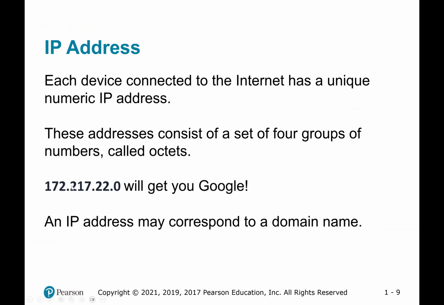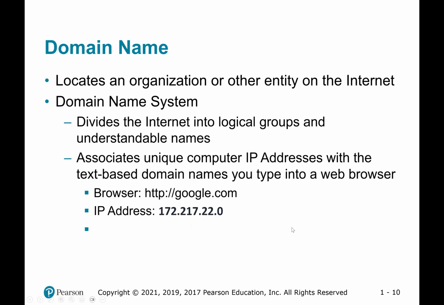For example, 172.217.22.0 is an IP address associated with www.google.com. An IP address may correspond to a domain name. A domain name locates an organization or other entity on the internet.